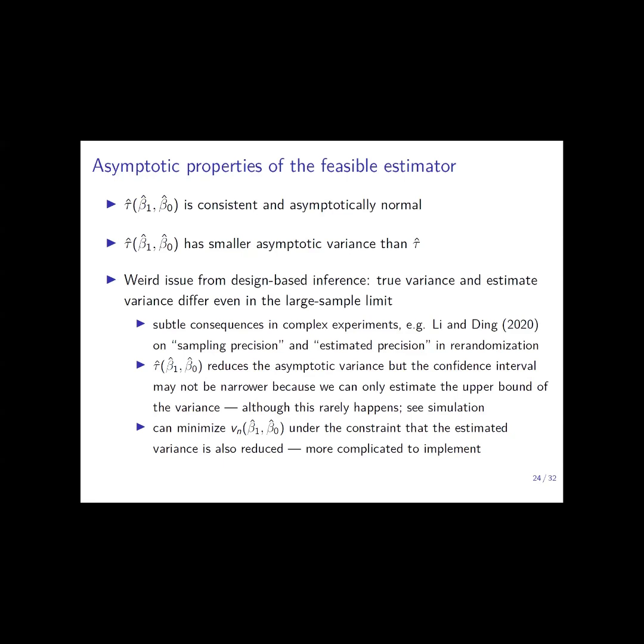If you really care about this issue, you can minimize the asymptotic variance under the constraint that the estimated variance is smaller. Or the other way around, you can minimize the estimated variance under the constraint that the asymptotic variance is not increased. So you can change the optimization problem a little bit, just to rule out those cases you don't like.